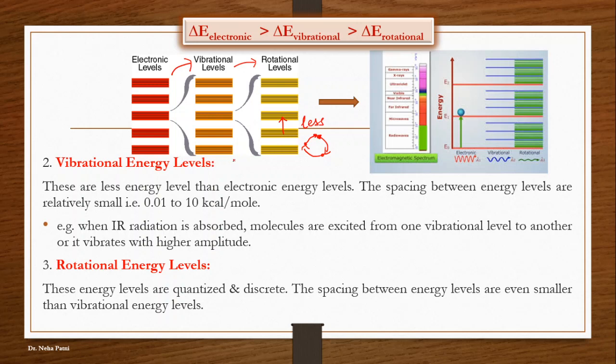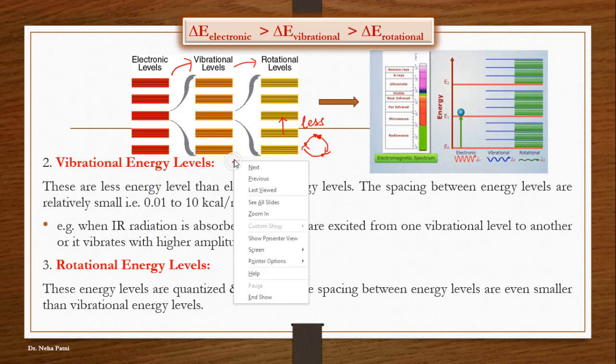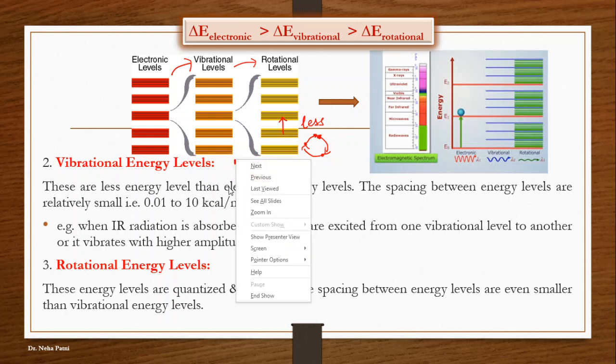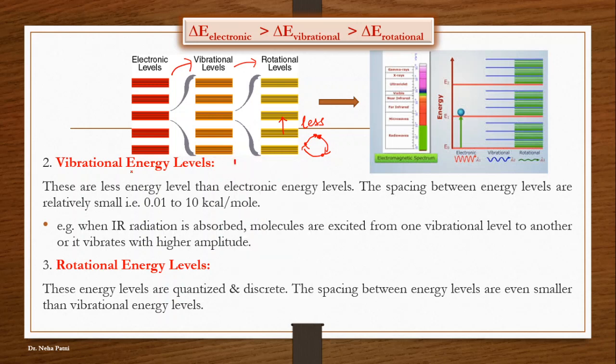While if you want the molecule to vibrate also, the vibration requires more energy, and at the same time electronic energy is more. So if you want the electron to transit electronically, the energy requirement would be highest, followed by vibrational and then rotational.